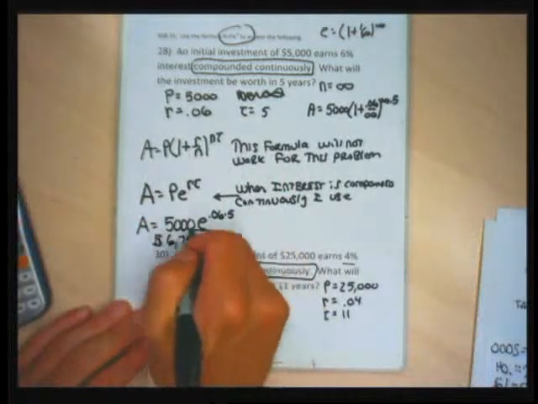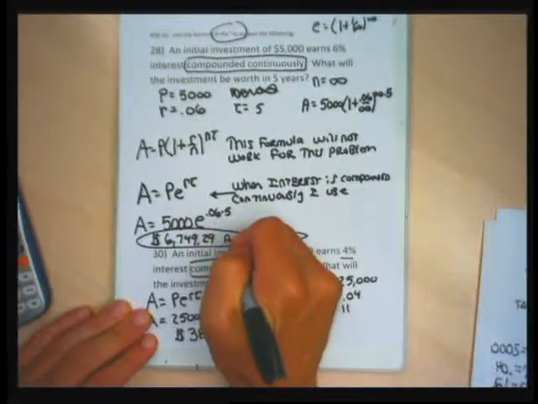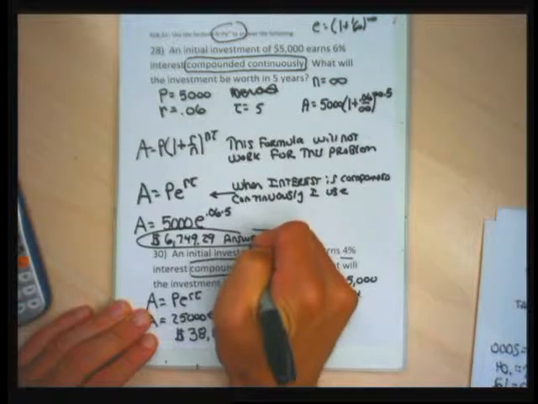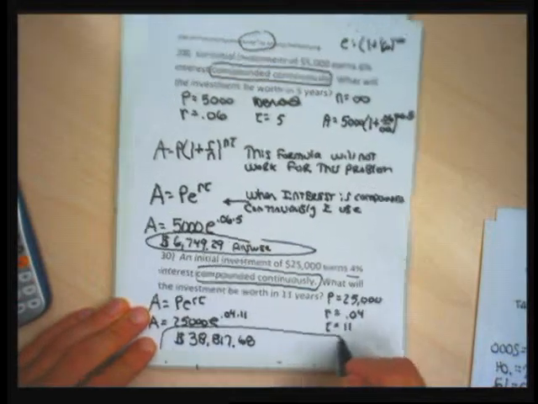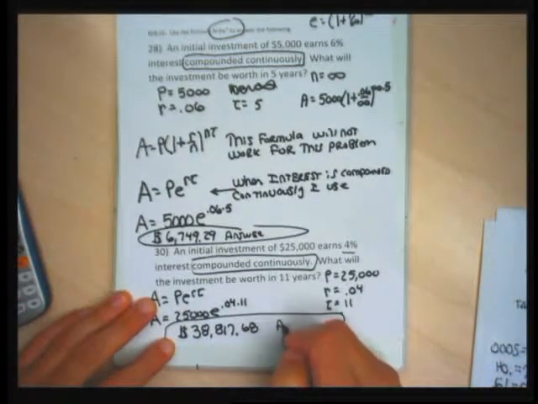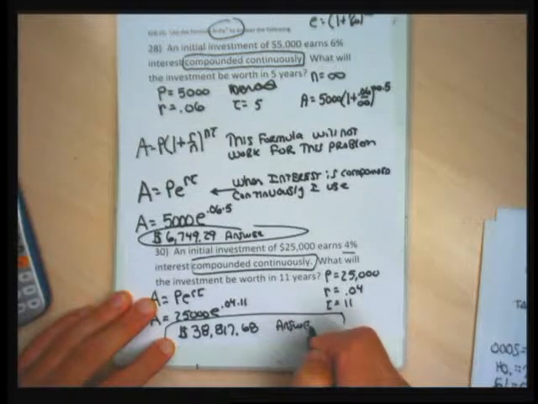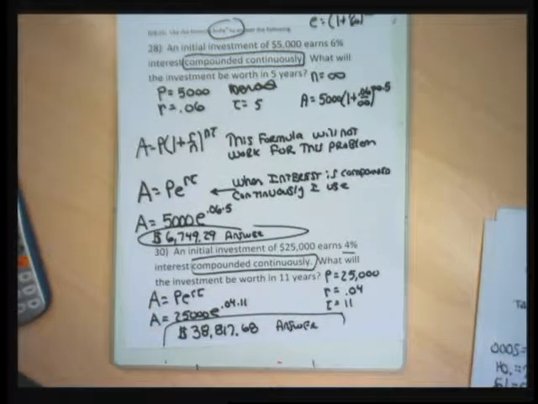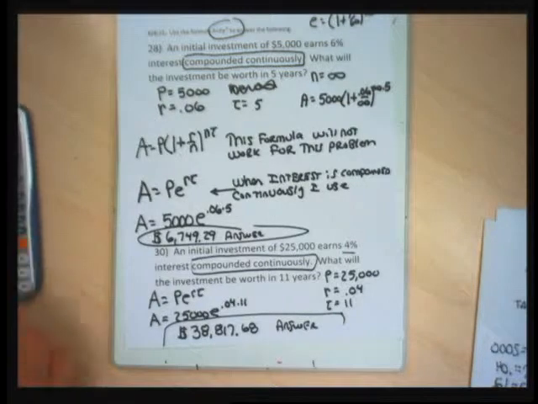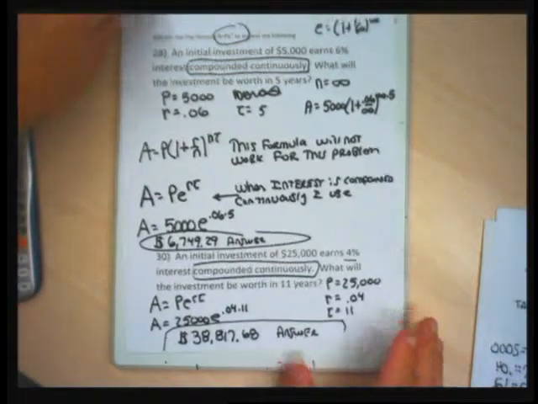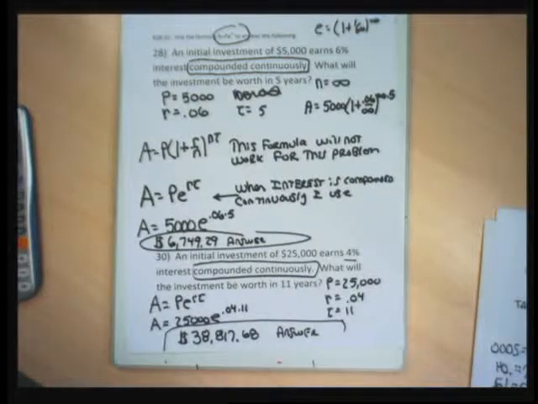So just to be clear, in 28, I'm going to end up with that $6,700. And in problem 30, I'm going to end up with that $38,000. So those are still in the easy word problem genre, I guess. We have some more money word problems coming up in 6.7, and they're a little bit tougher than the word problems we've been exposed to so far because of the way they're worded.